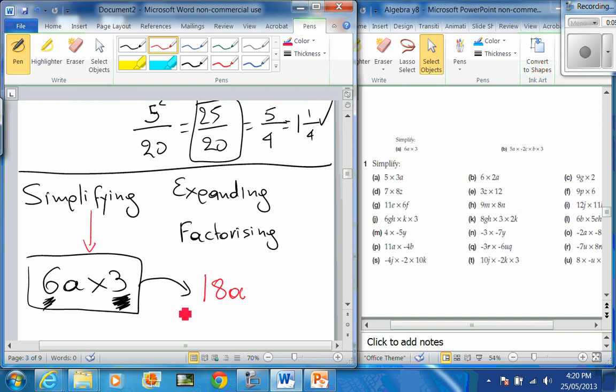Okay, so simplifying actually means work with operations. That's what it is. Multiplying, dividing with letters and numbers. That's simplifying. And when we learn how to simplify all these complicated expressions you see here, we'll go to the next step where we have to open them up because they're compacted, to be able to simplify.